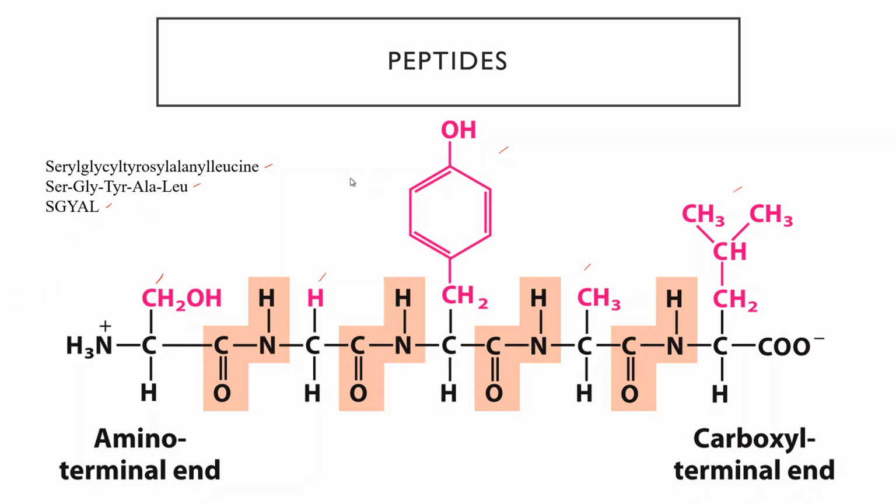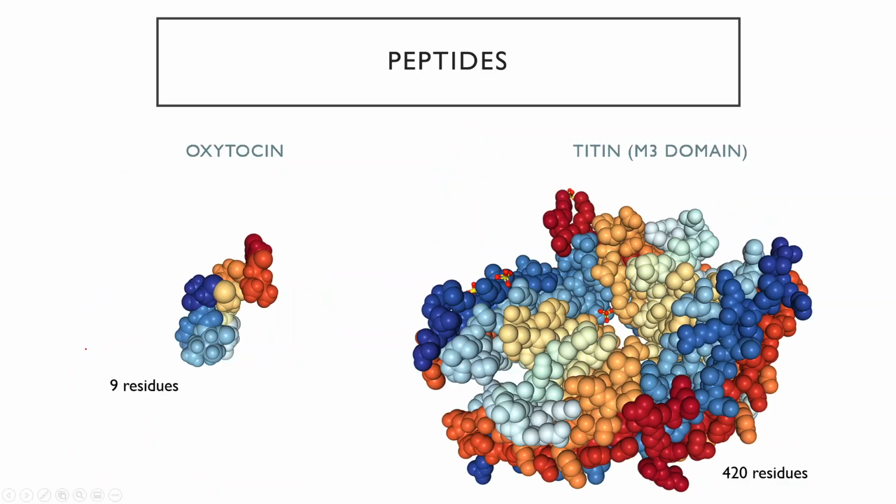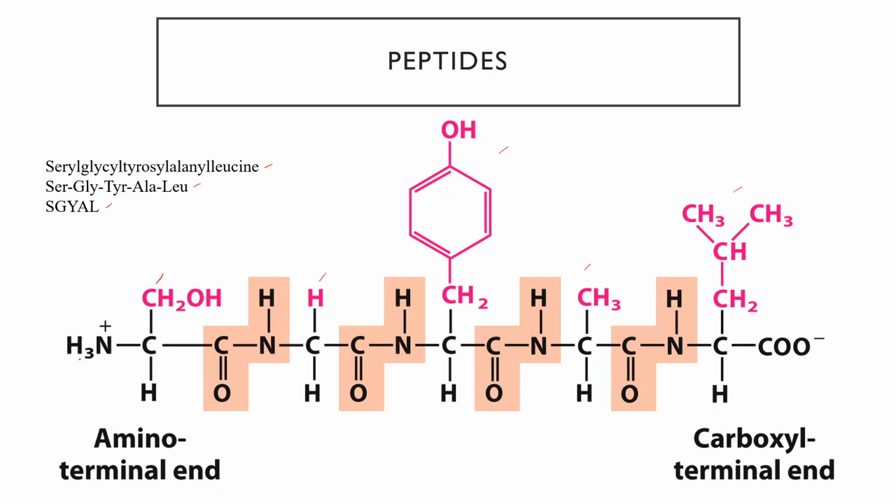Now, one other thing to say about the notation here: the name, or the way we list off the amino acids in a peptide, is always starting from the end of the peptide that has a free amino terminal. So we call this over here the amino terminal because it has a free amino end. It's not attached to anything. Sometimes it's just called the N terminal. And then down here you have the carboxyl terminal, or carboxy terminal sometimes.